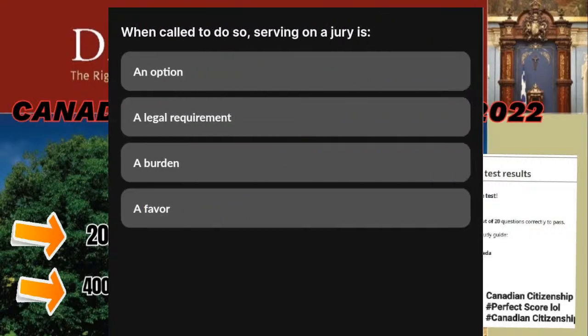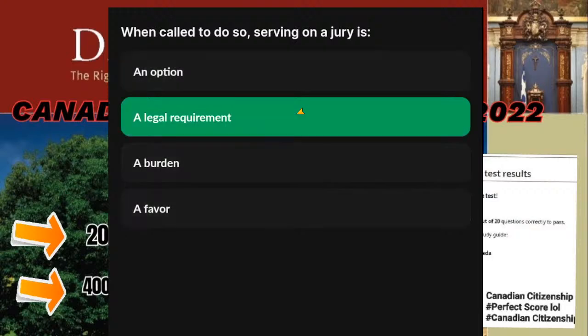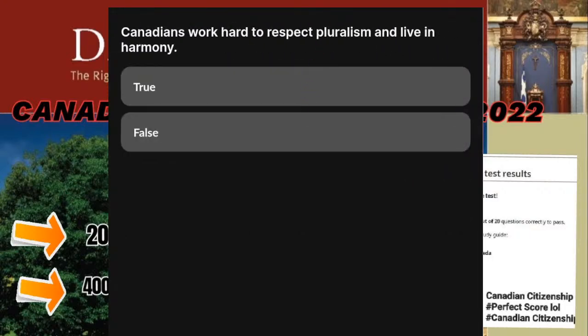The next question is, when called to do so, serving on a jury is A, an option, B, a legal requirement, C, a burden, D, a favor. And the answer is B. Next question. Canadians work hard to respect pluralism and live in harmony. Is it true or is it false?